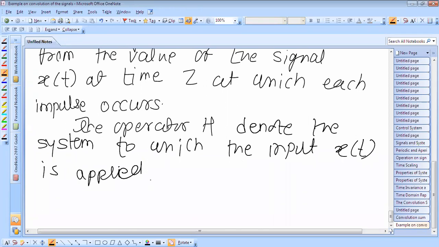So by considering the operator H to denote the system to which the input x of t is applied, y of t is equal to this operator H into x of t.